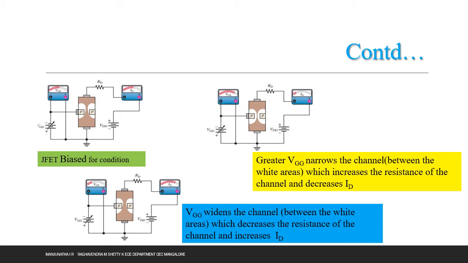That is ID. And we can make a difference between figure 3 and figure 2. Observe the VGS. VGS is less as compared to figure 2, and the drain current that we can observe in the ammeter is more as compared to the current shown in figure 2.